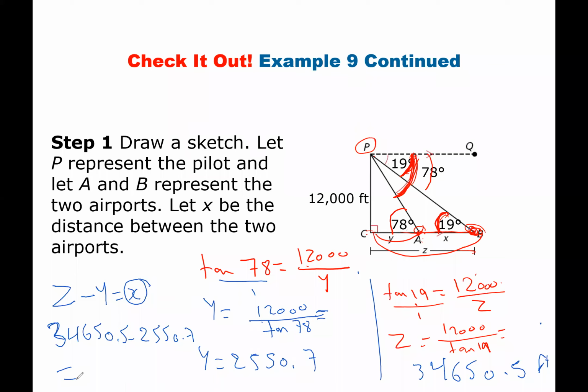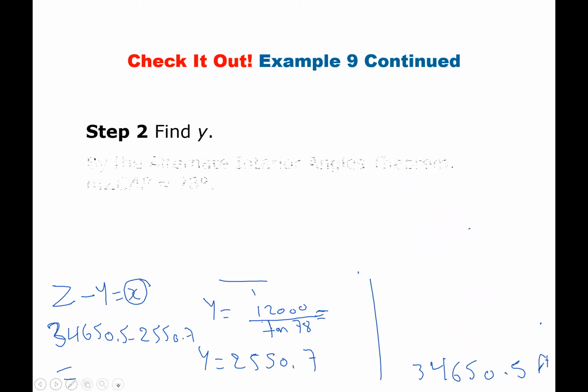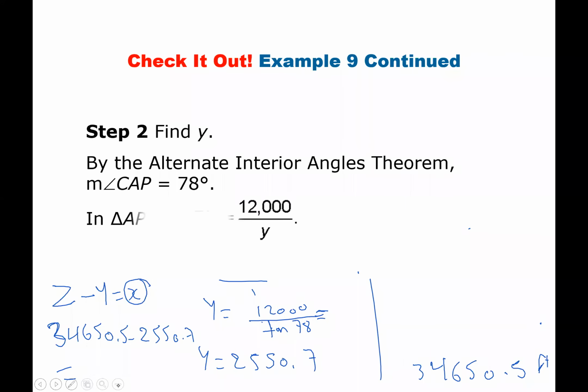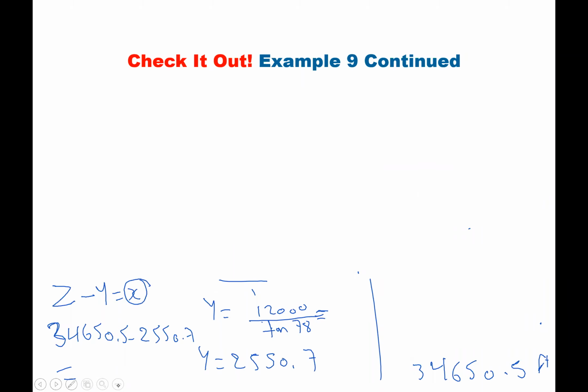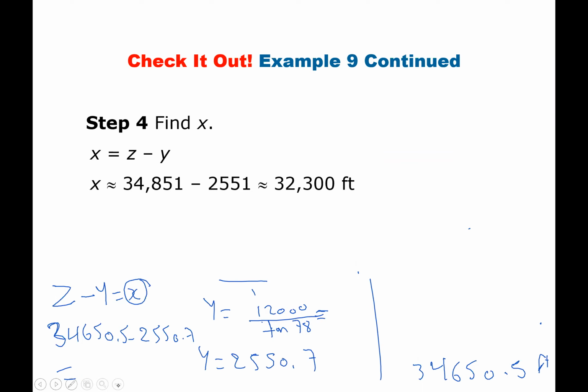Let me check here. Okay. I checked the results. Here is Y and the angle 78, and 19, and find the two distances, and the difference between them will be this result.